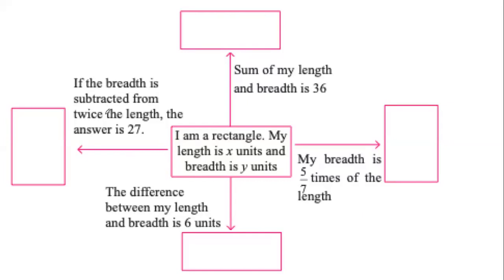It says in the middle, I am a rectangle. My length is x units and my breadth is y units. Now, if I take the sentence on the top, it says sum of my length and breadth is 36.